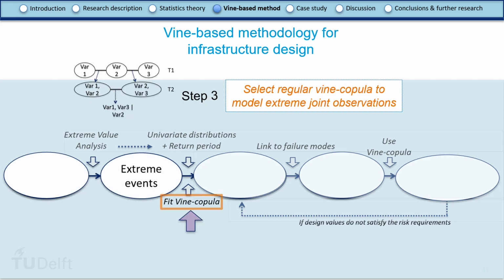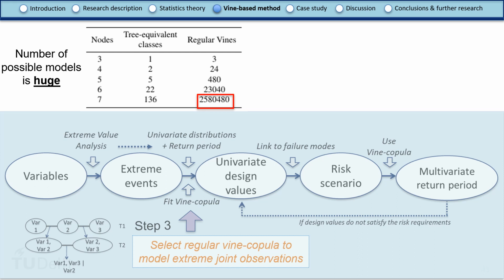In the third step, we select a regular vine copula to model the extreme joint observations that we previously sampled in step 1. However, as I previously presented, the number of possible models is huge. For example, in 7 nodes, we have over 2.5 million regular vines, so over 2.5 million possible models to choose from.